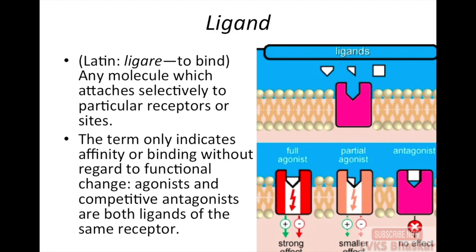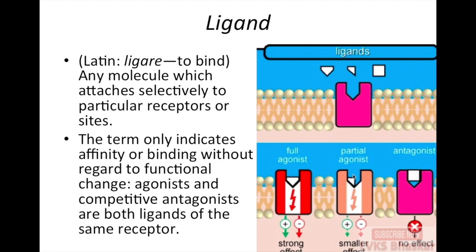Agonists and competitive antagonists are both ligands of the same receptor. Any receptor will have some agonists or some competitive antagonists. If a full agonist binds to this, a strong effect can be seen.